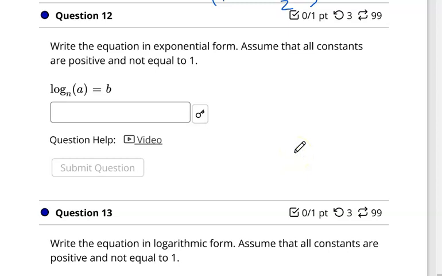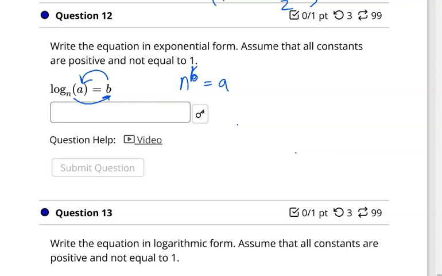Remember, what I'm looking for is n to what power gives me a. Remember, it's n to that power gives me that. So n to the b equals a.